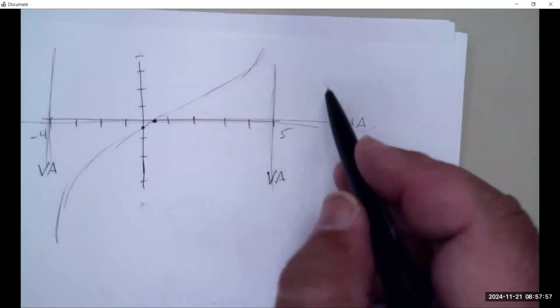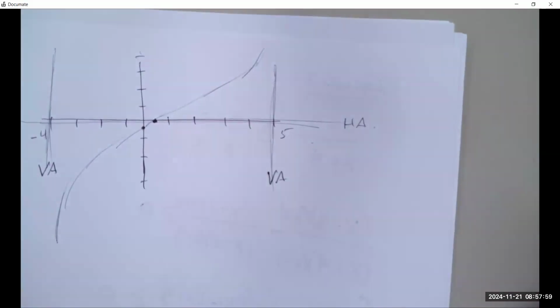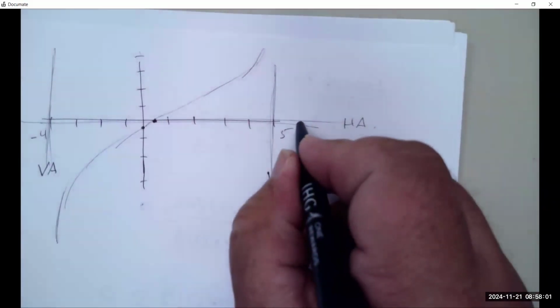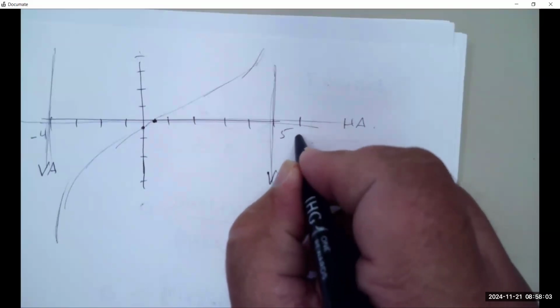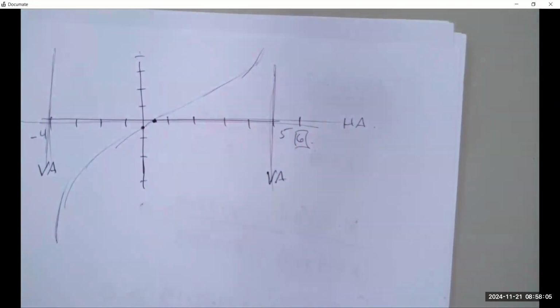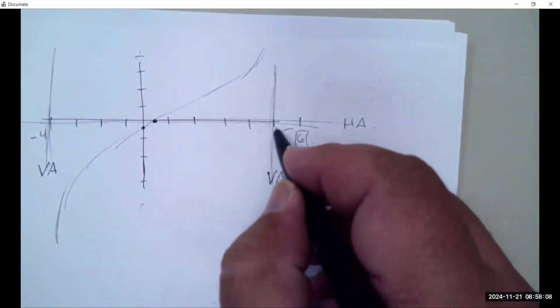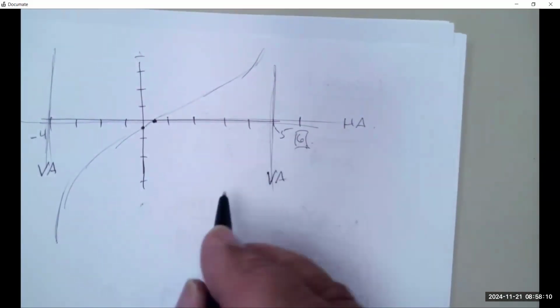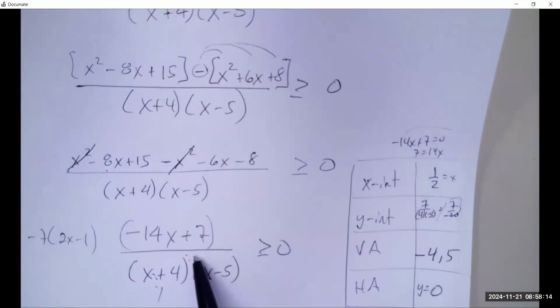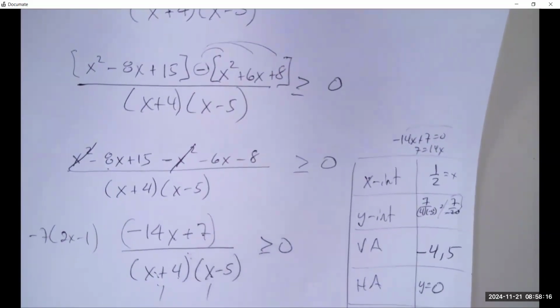Now we have to figure out, is it on top or bottom? How do we know? Well, let's pick a point there. My asymptote is at 5, so I take 6. At 6, I plug it into this equation and see if it's positive or negative.